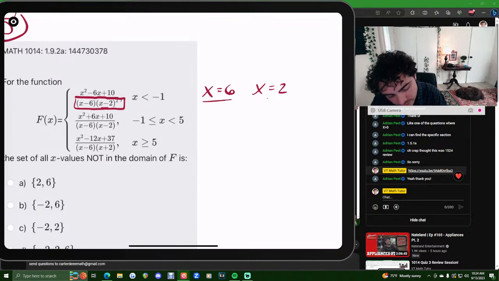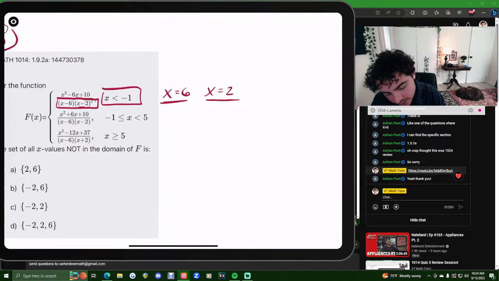Now, we have x equals 6 and x equals 2. Now we ask ourselves, do either of these, 6 or 2, fit into this inequality? In other words, is 6 less than negative 1? Nope. Is 2 less than negative 1? Nope.